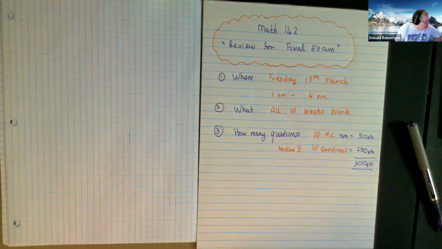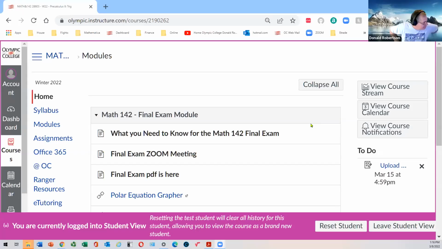So let me now, if I can, show you some resources that will be available to you and what you are and are not allowed to use. Give me a moment. Here we go. I don't know if you've noticed this: it's called Final Exam Module.